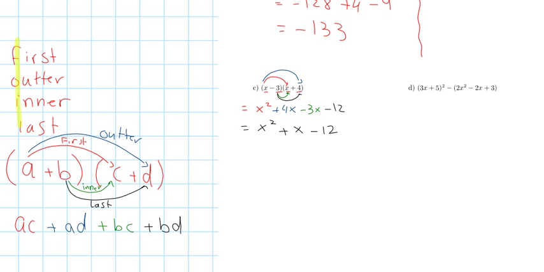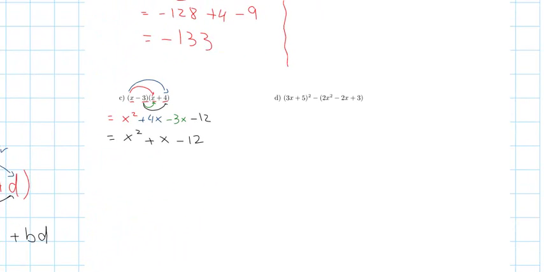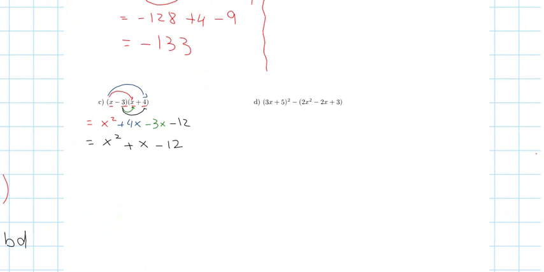Okay, so let's look at D. I have (3x plus 5) squared minus (2x squared minus 2x plus 3). So what do I have to do here? Bracket first. What does that mean?